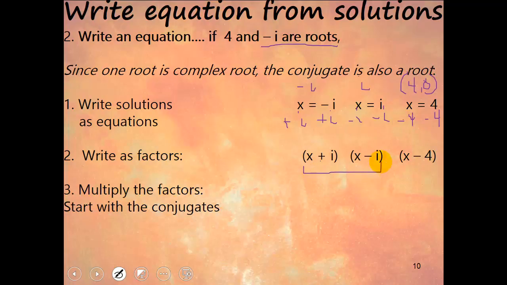Multiply your conjugates together, because all your middle terms drop out, and you would get x squared minus i squared. But we know that i squared is equal to negative 1, so this becomes x squared plus 1, minus a negative 1. And then I'm going to multiply that by x minus 4.